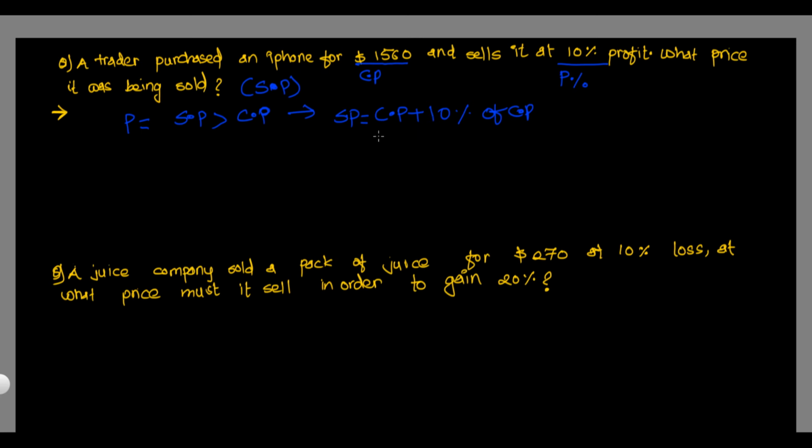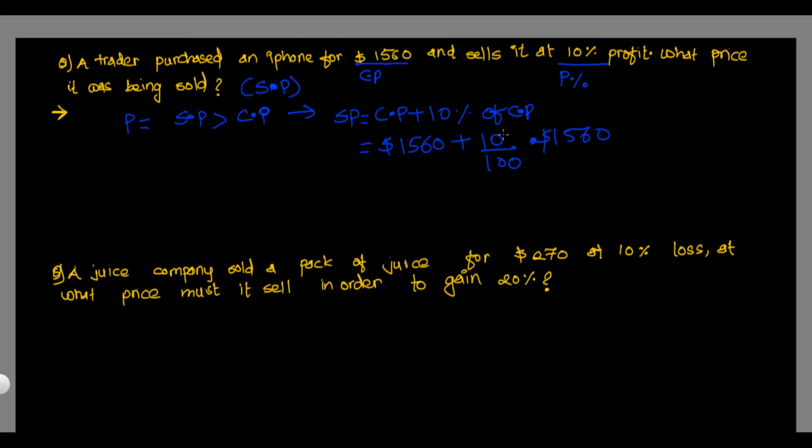So we always take account of profit and loss in terms of our CP. So our SP will be CP, which is given as $1560, plus 10%, which is written as 10 over 100. If you want to remove the percentage, we divide it by 100. Of CP, which is 1560.